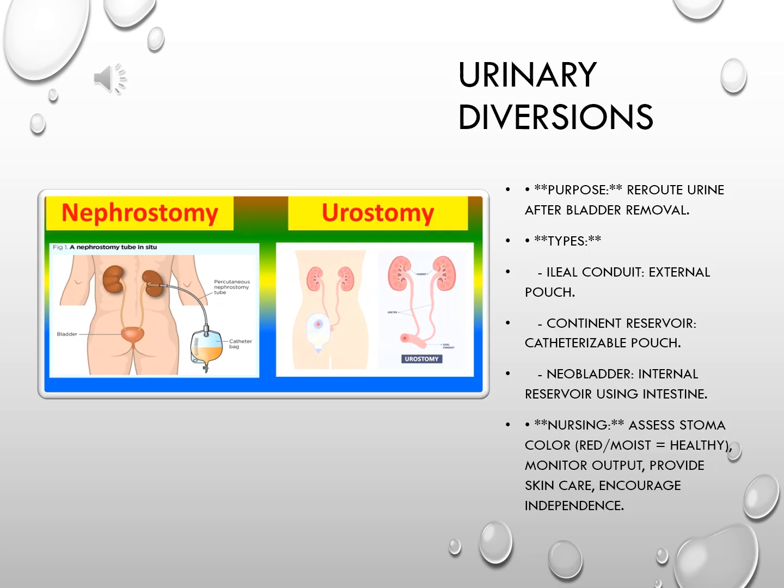For our urostomies, what we want to make sure for our nursing care is to assess that stoma. So again, it should be red, pink, and moist. Any pale, dusky, or purple coloring of it might indicate that there's not a good blood flow.